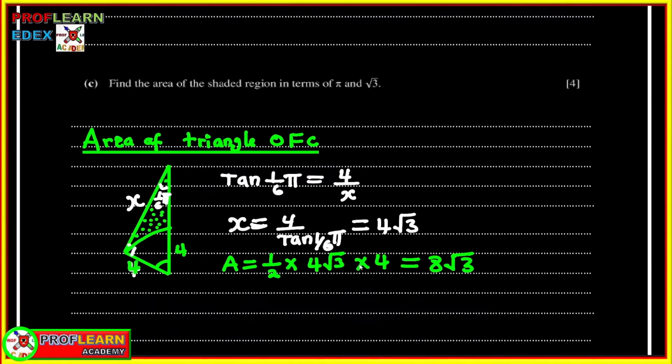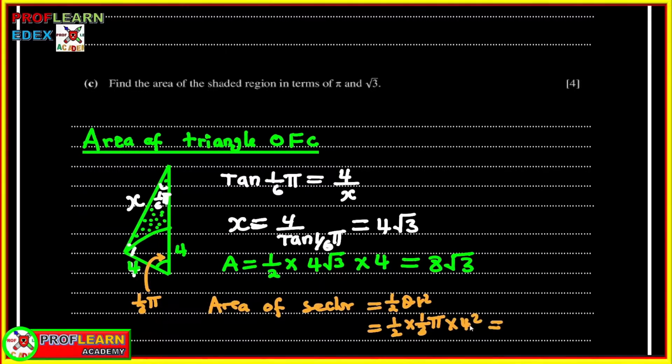Next, we need to know what this angle down here is, and of course that angle is actually a third, so I can find the area of that sector. If we multiply, our final answer becomes 8 over 3 pi.